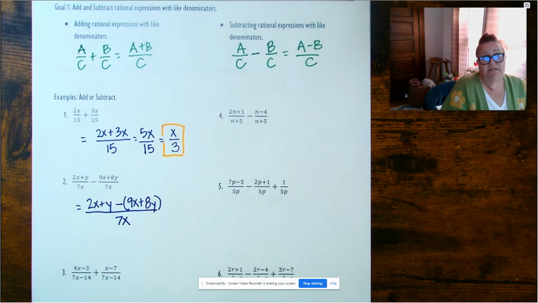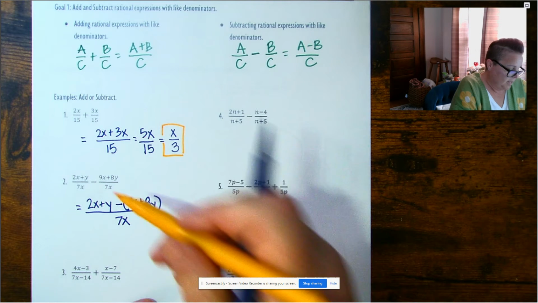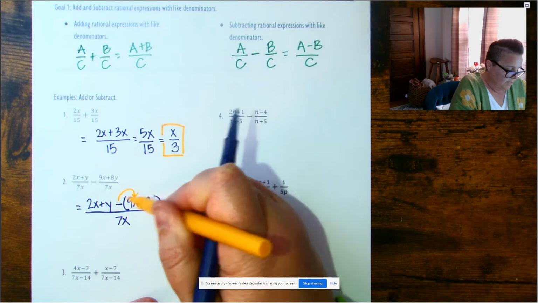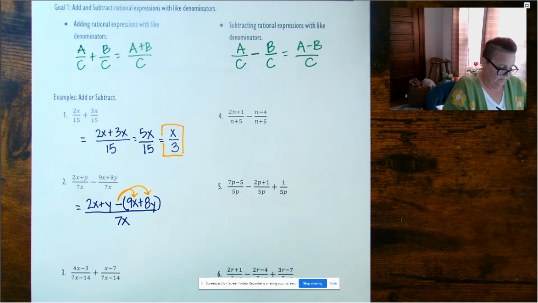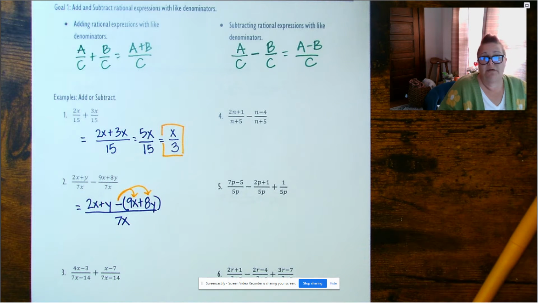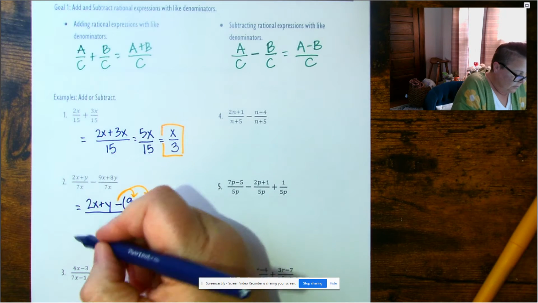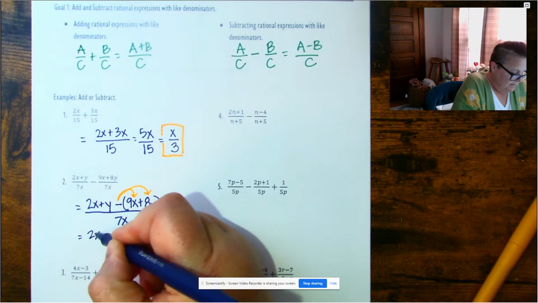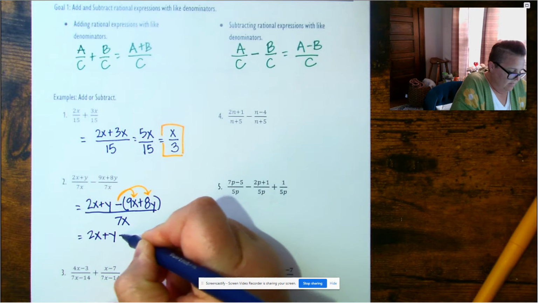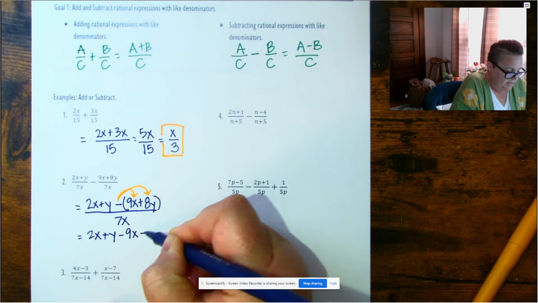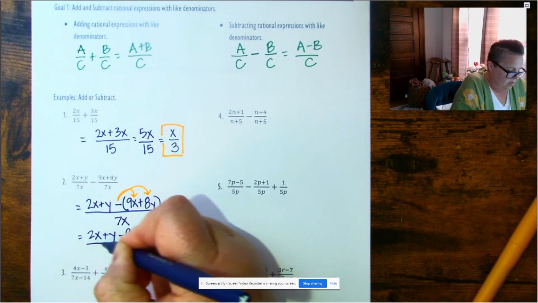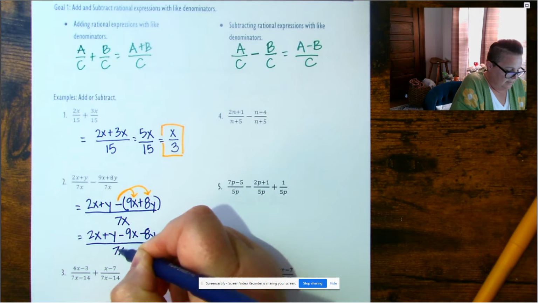We don't just want to subtract the first 9x and not the 8y. We are subtracting both the 9x and the 8y. So I put it in parentheses so my brain remembers that cue. So this is going to give us 2x plus y minus 9x minus 8y, all of this over 7x.